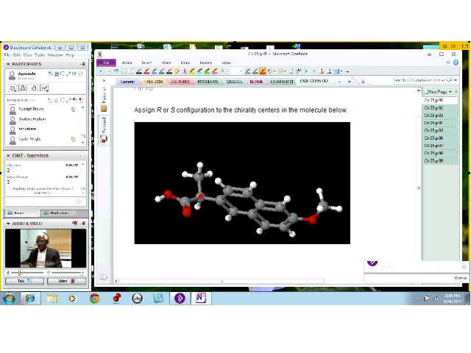So when you are given a molecule like this, you want to position yourself so you will be able to see the groups attached to the chirality center in a three-dimensional orientation. In other words, you want to position yourself so you see some of the groups coming at you and some going away from you.